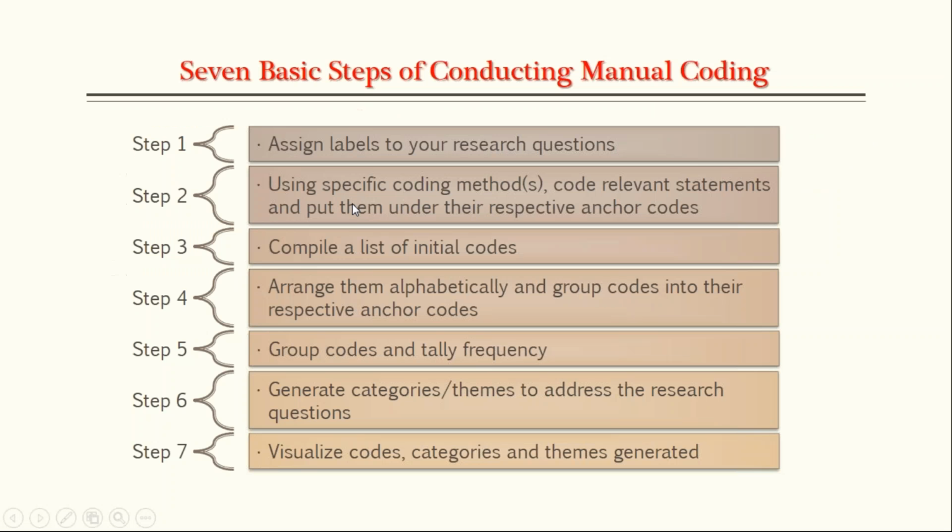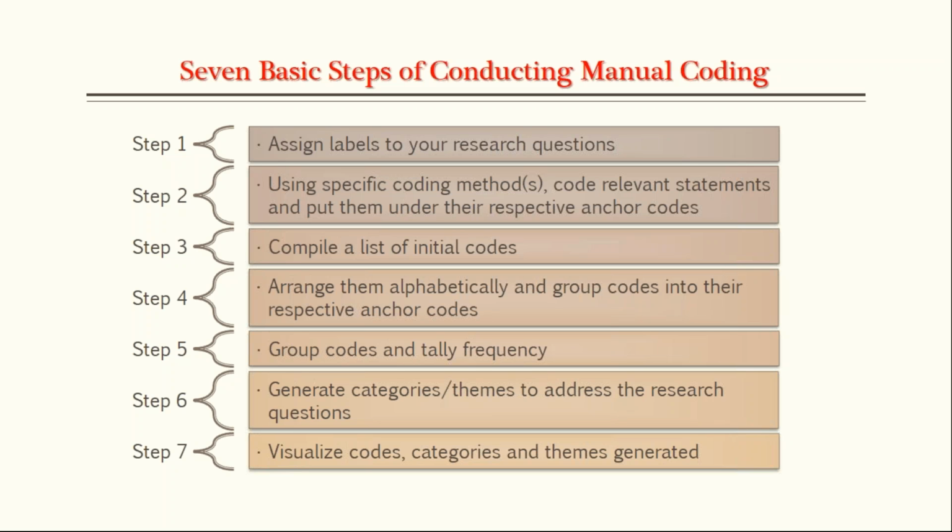So you can see that the first step is to assign labels to your research question, and I'm going to talk more about that. The second one is to identify relevant information from the data and then assign labels to the relevant information. After assigning labels, you have to bring them back to the anchor code.